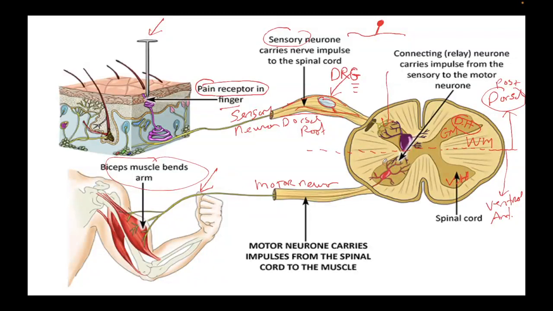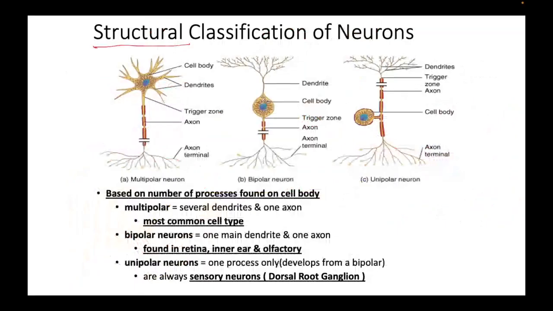In fact, when a virus attacks this, polio. Polio is a virus that attacks the cells of the ventral or anterior horn, which means all the motor neurons become dysfunctional and you have no usage of your muscles. That's polio. That virus attacks the ventral horns.